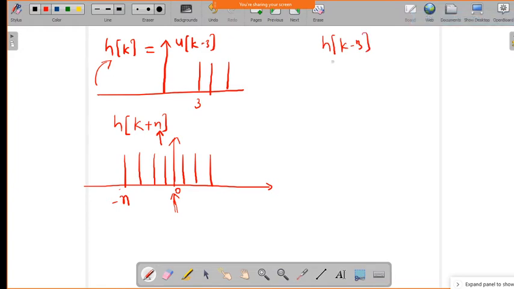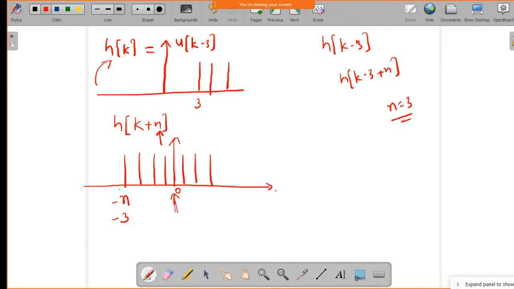Now we have added the n unit, so plus n, that is h of k minus 3 plus n. Now you will get 0 whenever n equals plus 3, is it not? If n equals plus 3, that means shifted by 3 units in the negative, that is backward direction. Now you will get h of 0, that is h of k when k equals 0.